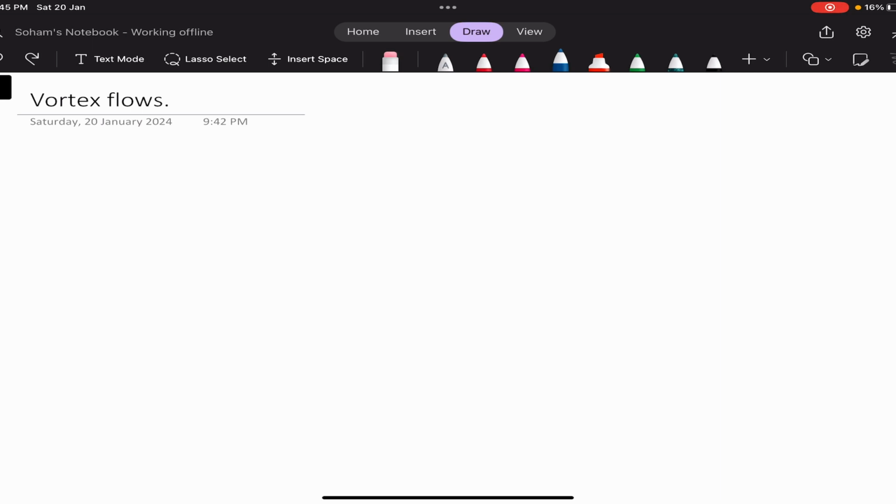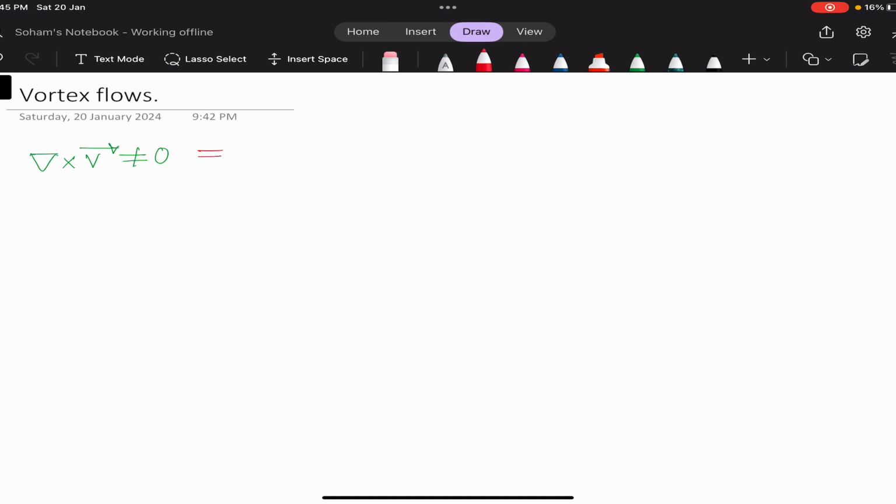So why not rotation? In fluid mechanics literature, rotation means rotation about its own axis. If that is the case, then we say that the fluid flow is rotational. That is, the curl of V is not equal to 0, and that implies that the fluid flow is rotational.